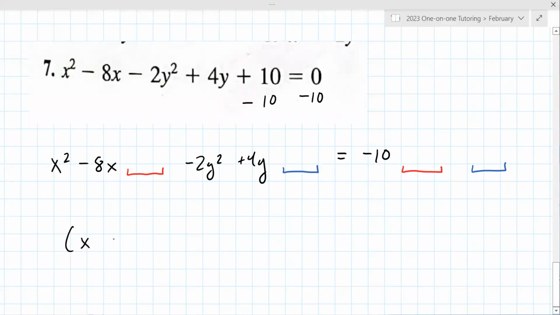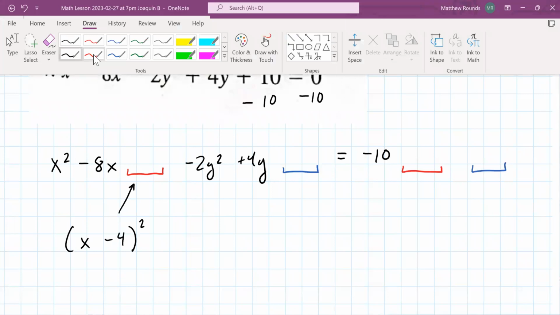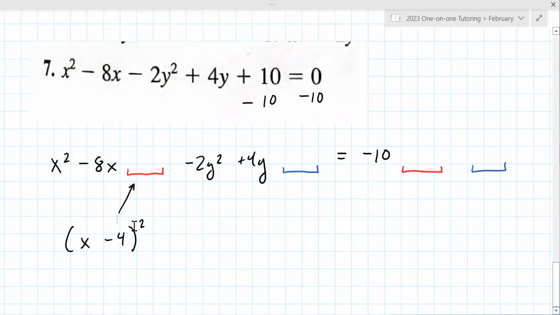So do you remember, can you tell me what number goes in this red position? Is it 8? It's the last number squared, minus 4 squared. So positive 16? Positive 16, good. Okay, great. Now, this is where it gets more complicated.